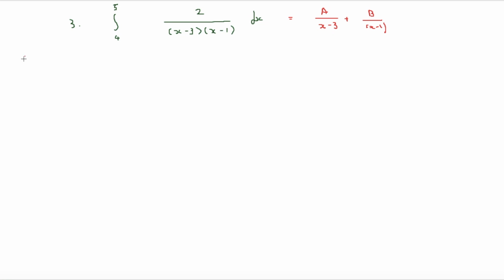Therefore, again, times everything by the denominator, we're just going to get 2 is equal to a x minus 1 plus b x minus 3.